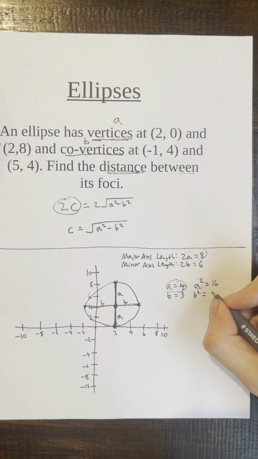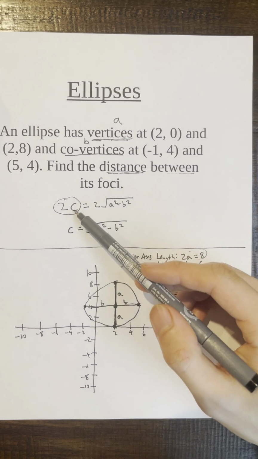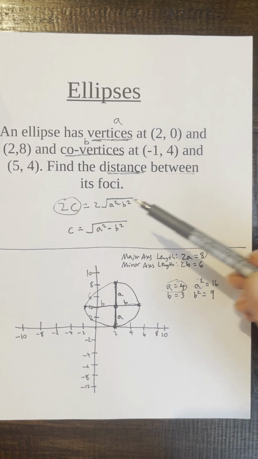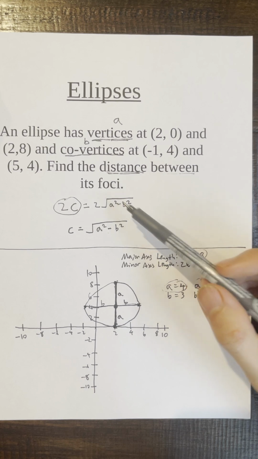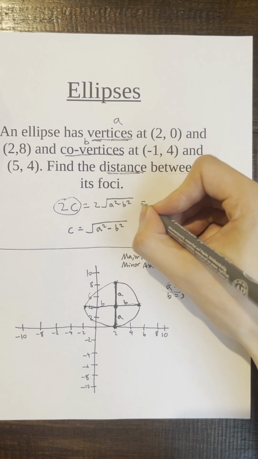B squared is going to be equal to 3 times 3. 3 squared, 3 times 3, that's 9. Okay, so to get our desired distance, we can change this to what we know it is now. So let's go ahead and do that.